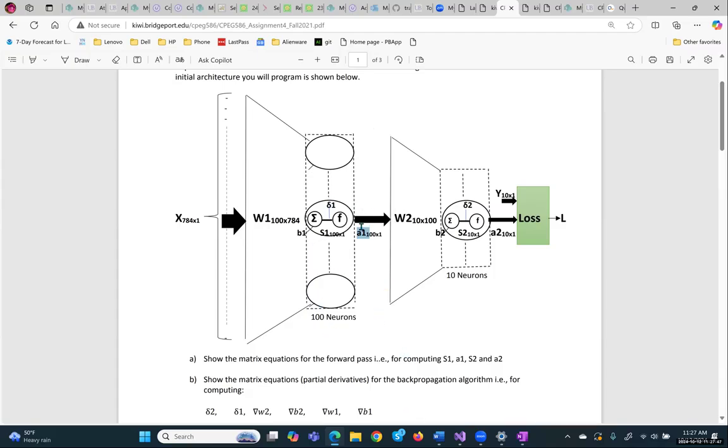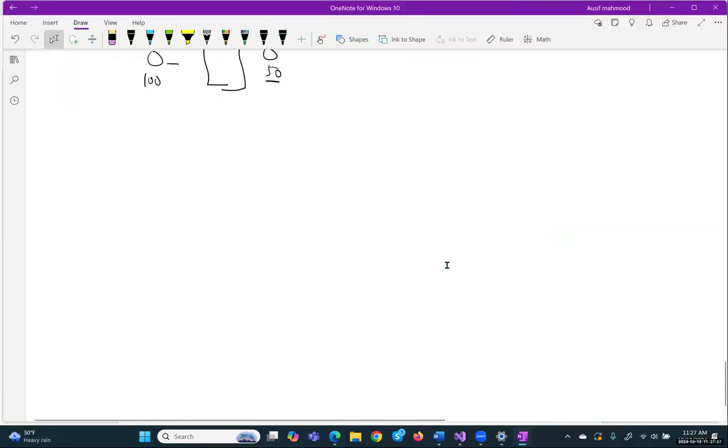So can we represent the forward pass and figure out what A1 will be? Okay, let's take a look. We have 100 neurons.